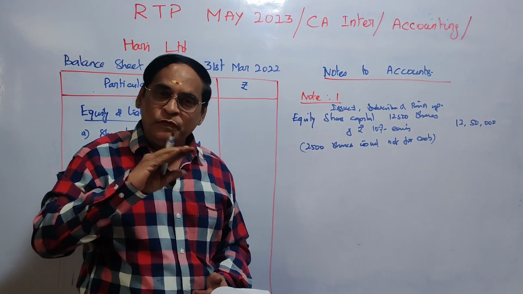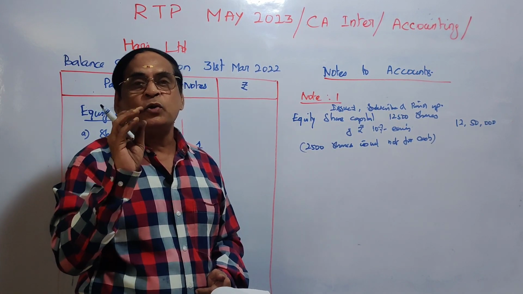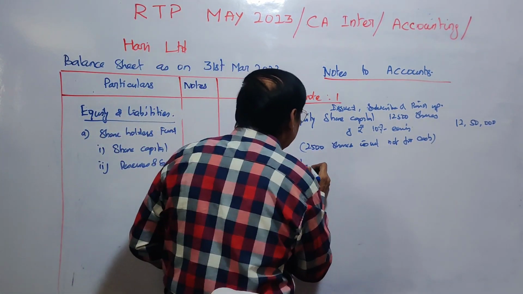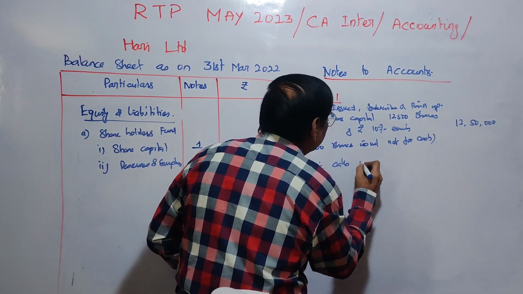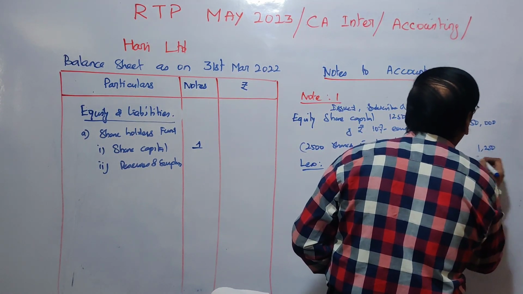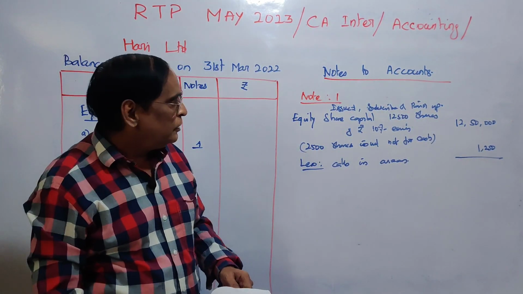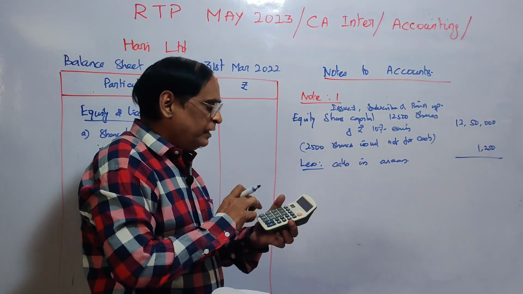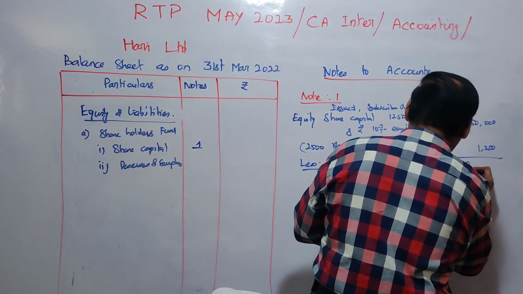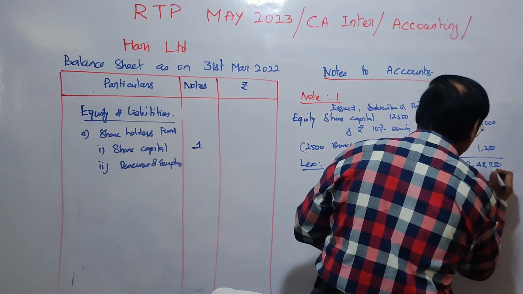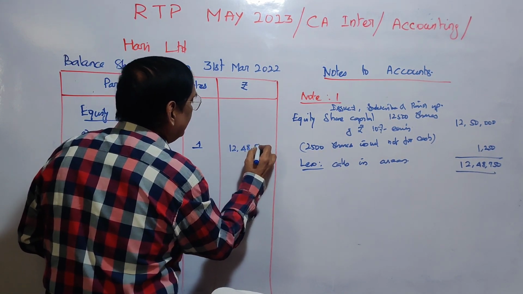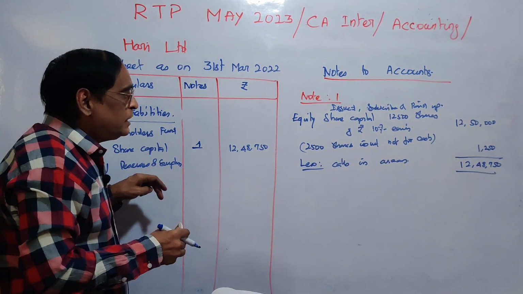Some shareholders failed to remit that money, so it has to be deducted from the share capital. So less calls in arrears, 1,250. If we deduct 1,250 from 12,50,000, that amount is 12,48,750. This has to appear here.